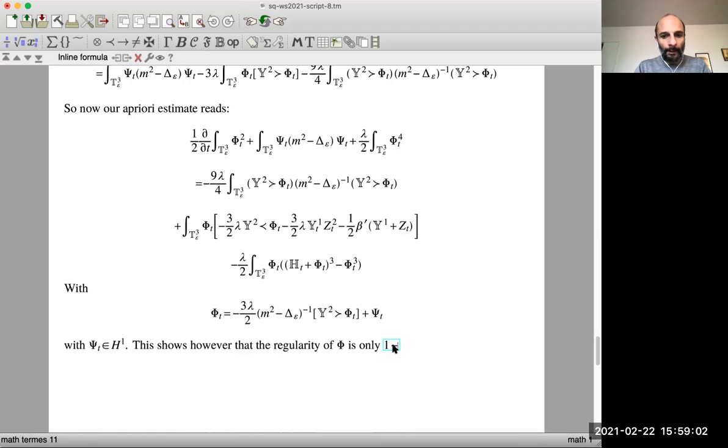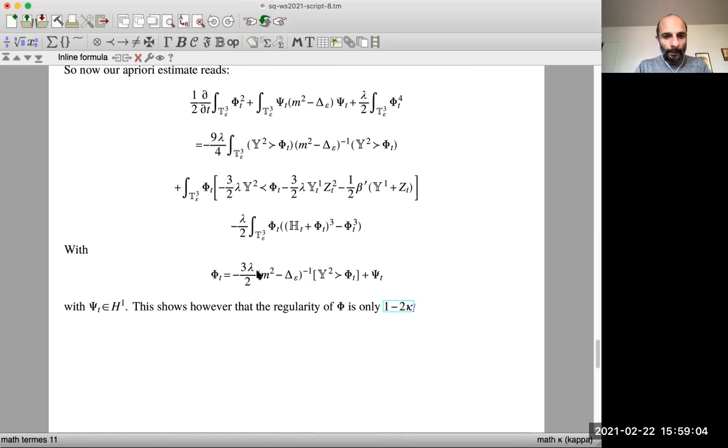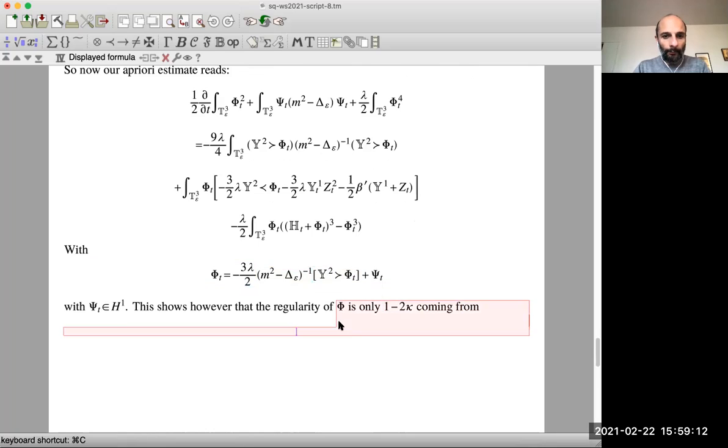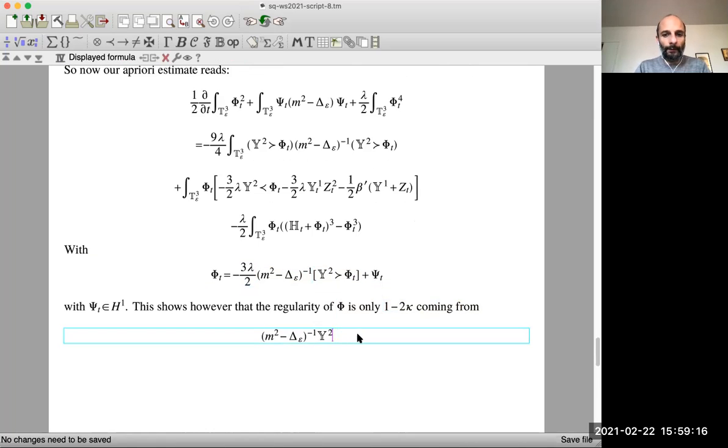So this is 1 minus 2 kappa, okay? So somehow this object has regularity 1 minus 2 kappa coming from essentially this guy. Okay, so you can ignore the paraproduct when you do this computation, just to understand the regularity of.